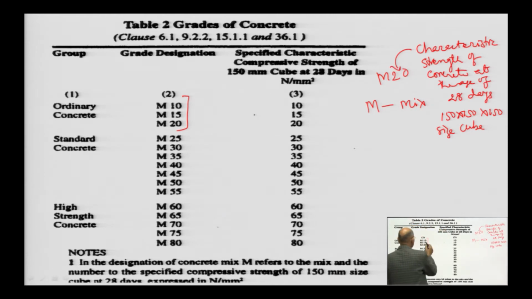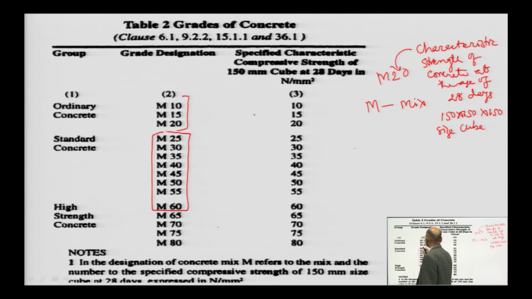M10 to M20 grade concrete comes under ordinary concrete, and then we have standard concrete. In IS 456/2000, earlier it was up to M55, but now it has been amended in 2013. According to that amendment, this group goes up to M60.